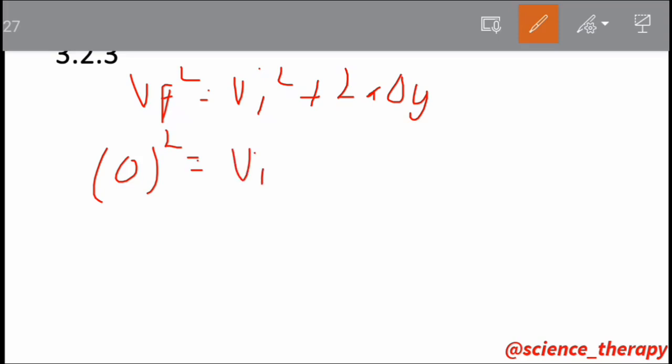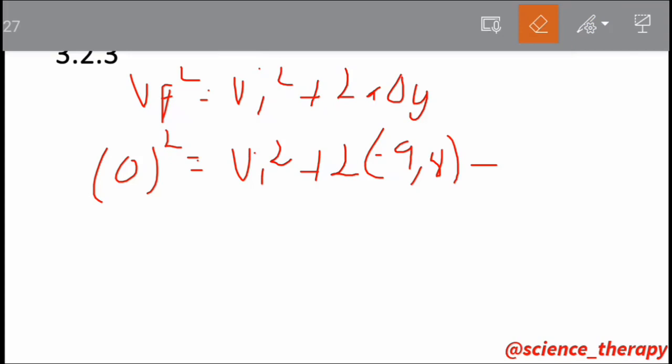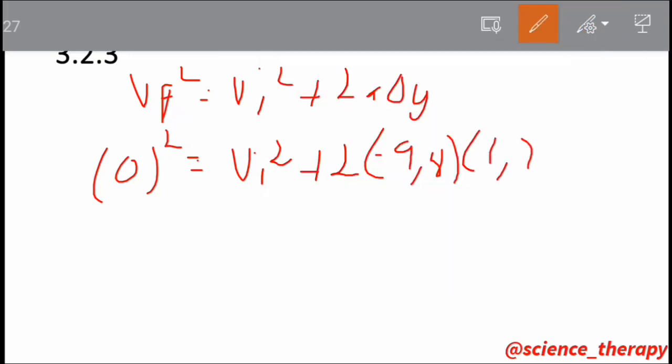Then we don't have vi, that's what we are looking for. Then for 2a, let's substitute negative 9.8 because we took upward as positive, as they did when drawing the graph. Then our height is 1.85, right?